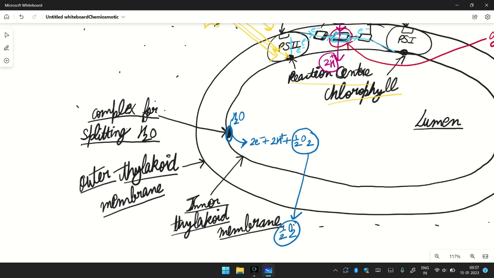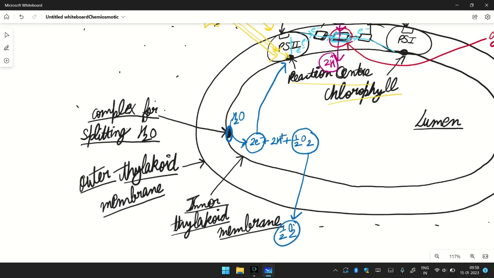And a pair of electrons is going to be transferred to the reaction center chlorophyll of PS2, because the electrons are continuously being used here in the electron transport chain. So that's why our electron pair is being transferred to the reaction center.